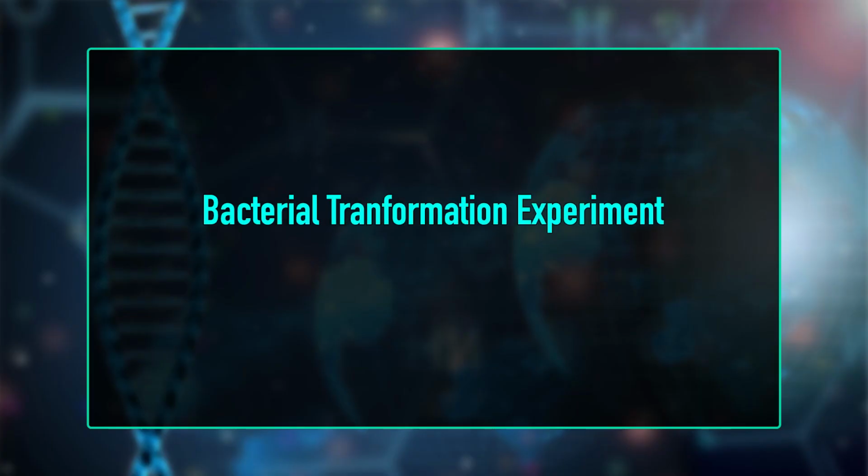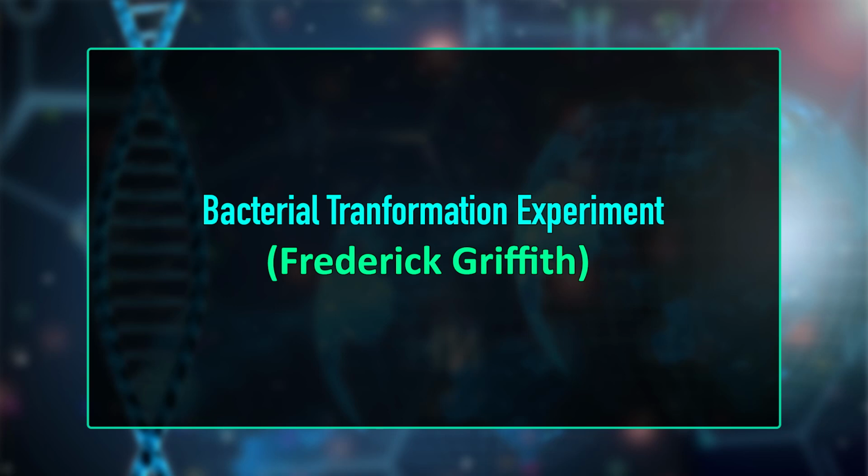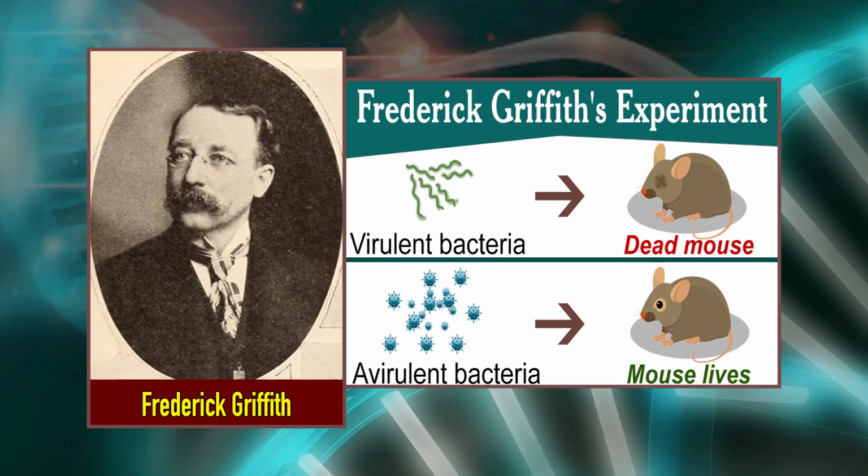Let's now discuss the bacterial transformation experiment by Frederick Griffith. Frederick Griffith, an English bacteriologist, in 1928 conducted experiments suggesting that bacteria are capable of transferring genetic information and that such transformation is heritable into the offspring.